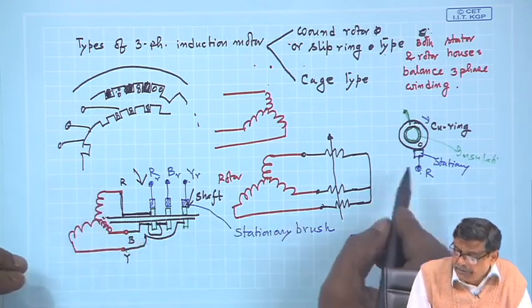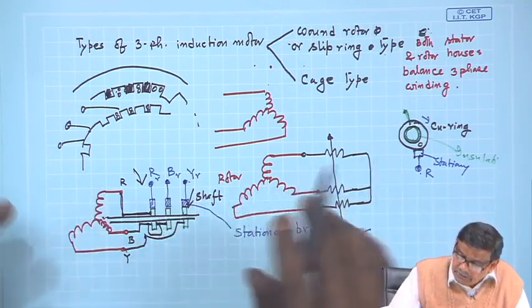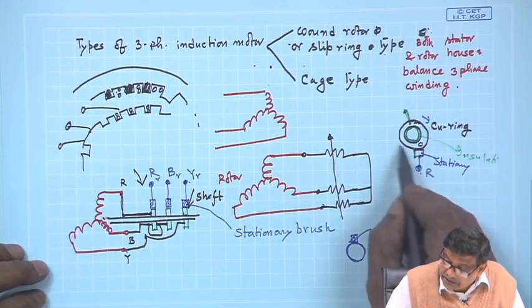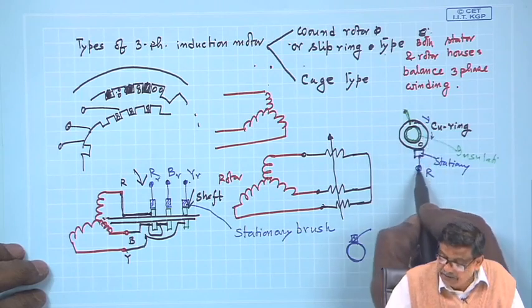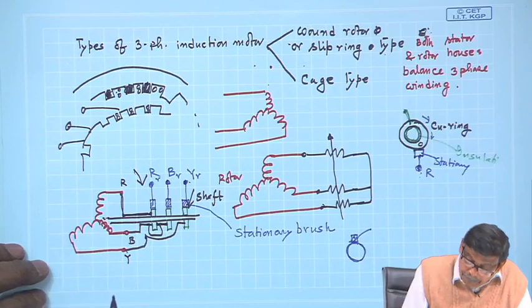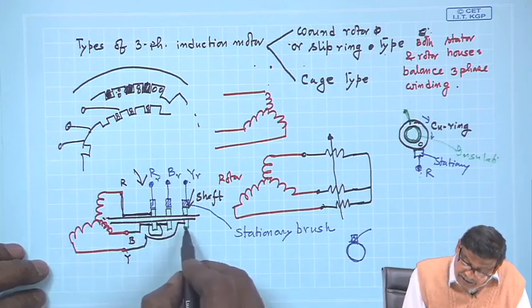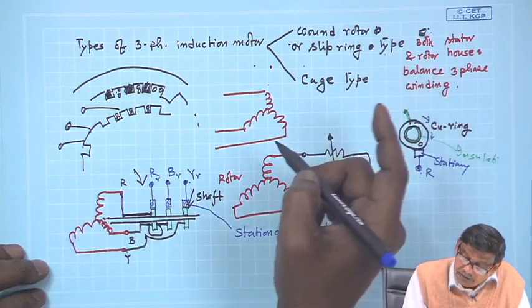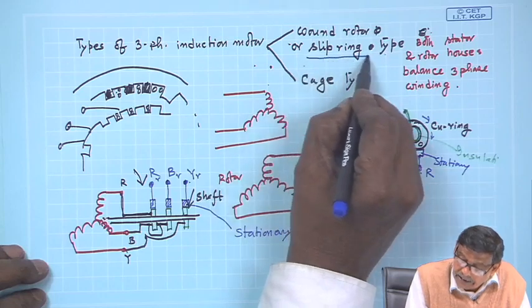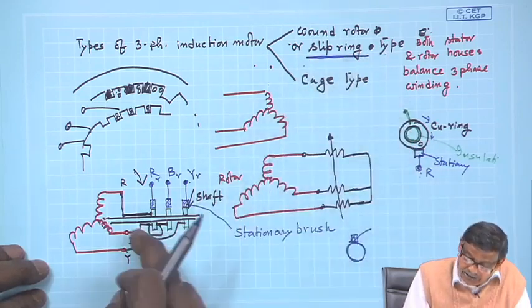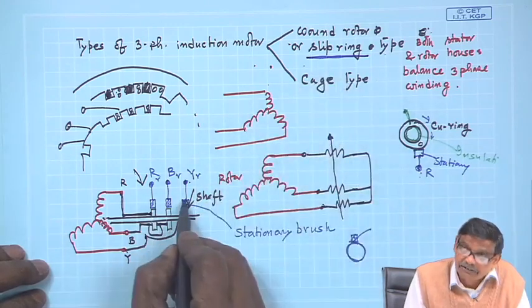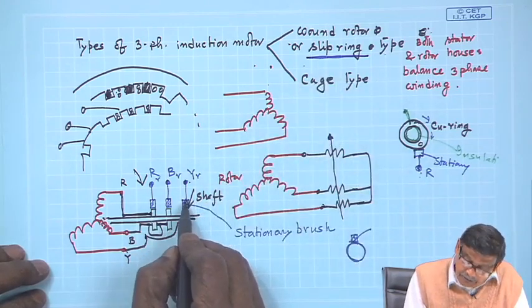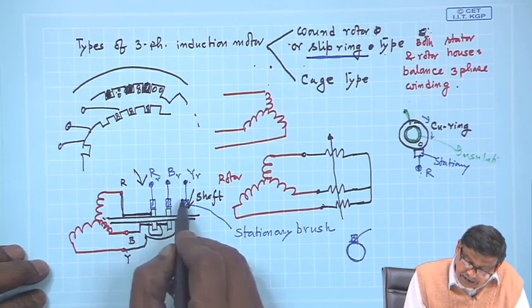Therefore, with a spring arrangement, you make a good contact with the copper ring, which will rotate, but this brush is stationary, so you can access a point. That is why this machine is called a slip ring type induction machine. There will be 3 slip rings and, of course, 3 stationary brushes, which are not moving; they will touch.